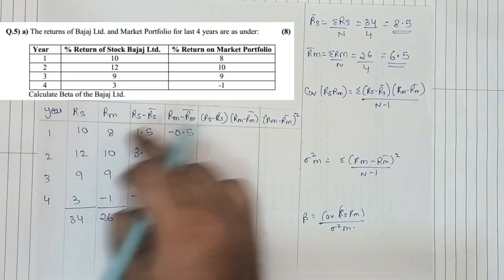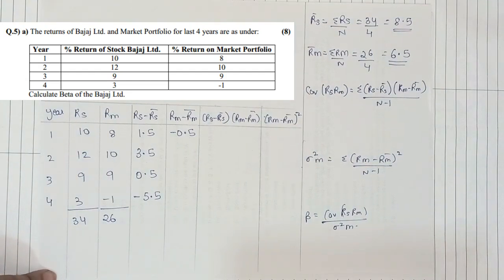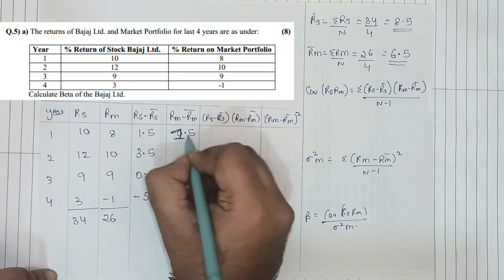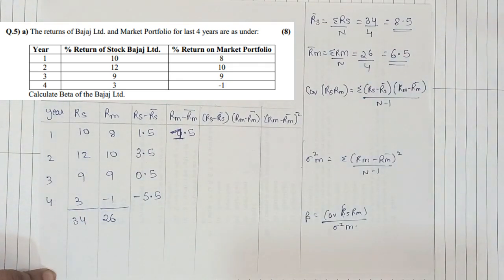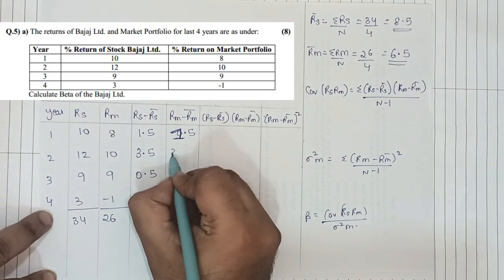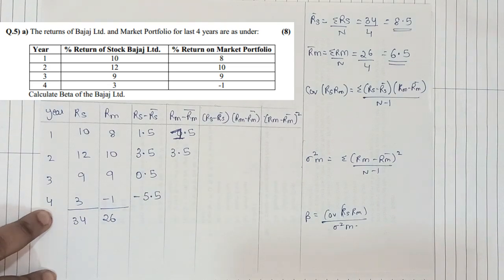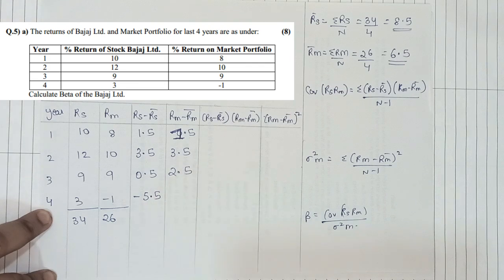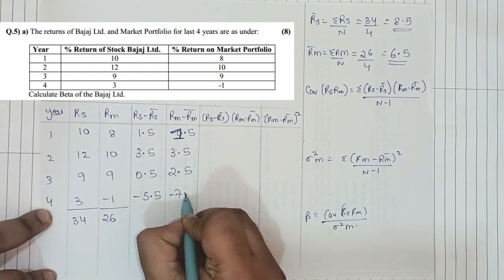For the second one you'll have to take it minus 6.5, okay? So it will be 8 minus 6.5, so that's 1.5 positive. RM you have to take with RM bar. So 10 minus 6.5 is 3.5. 9 minus 6.5 is 2.5. Negative 1 minus 6.5 is negative 7.5.